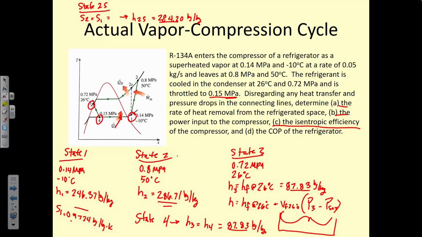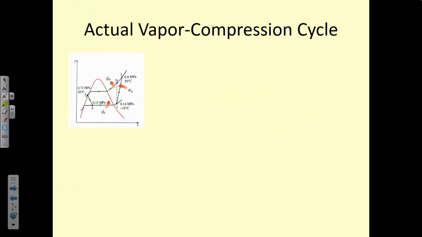So this is kind of a reverse of what we're used to doing, because normally we have the isentropic state and then find the actual, but now, given the actual state, which is kind of nice, because at first you're like, oh, sweet, they give us the pressure and the temperature, all I have to do is look it up. But then you have to back out and calculate the isentropic case, so we can calculate the efficiency. So let's just get a clean slide and do that. So part A, we're finding Q dot L, which is equal to what?